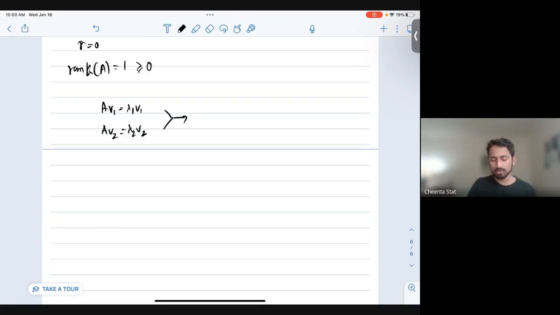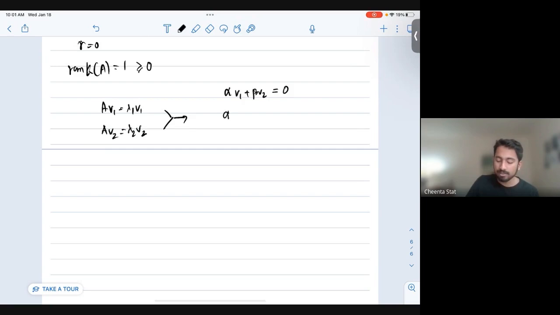No, that's not the correct way, Gangathar. If A v1 is equal to lambda 1 v1 and A v2 equal to lambda 2 v2, so let's say alpha v1 plus beta v2 is equal to 0. That's dependent.